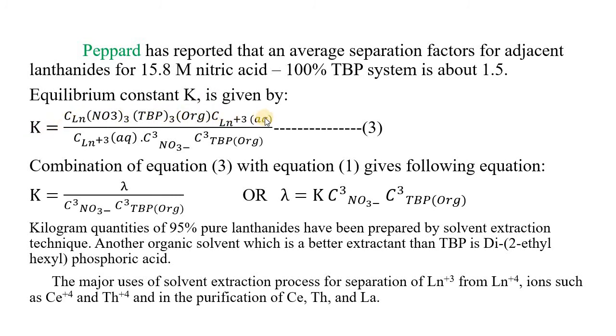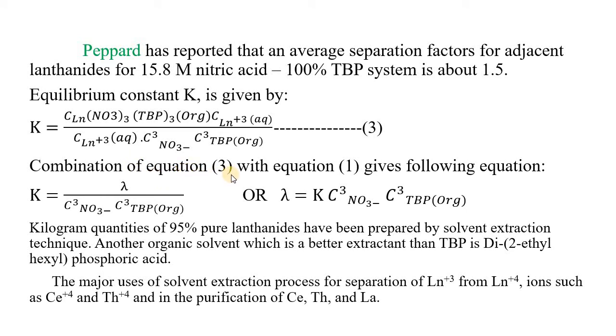These things which are present in the organic phase are to be separated, and these are those things which are usually in the aqueous solution, which are to be separated by using the organic solvent.